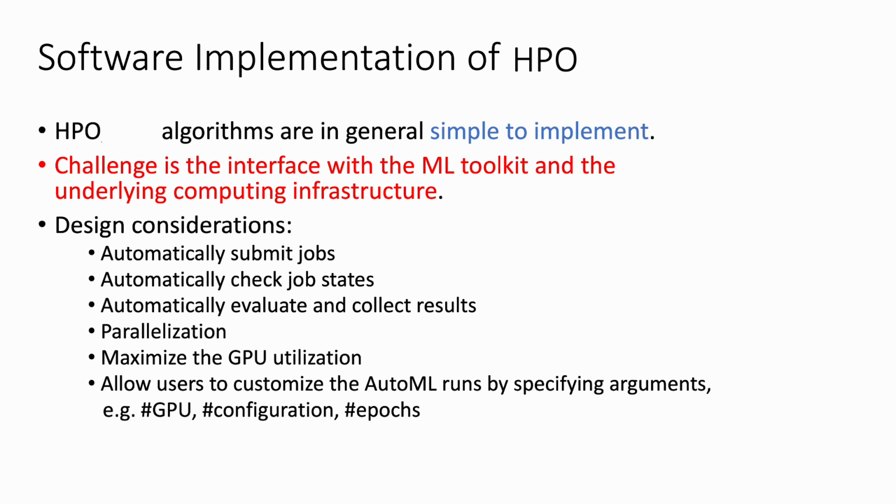At the same time, the software should be flexible enough to allow users to customize their HPO runs by specifying arguments such as the number of GPUs, the number of configurations to try, and the number of epochs for each run.